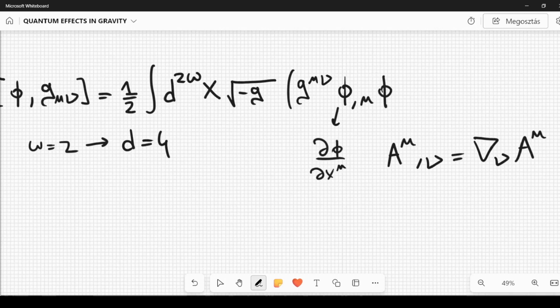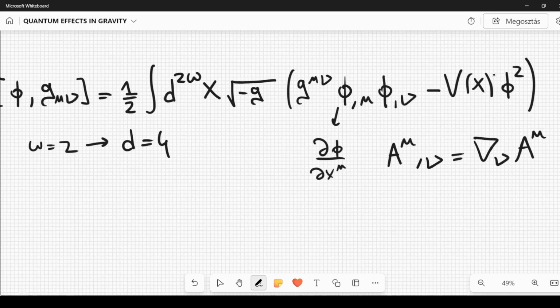Then here we have phi comma nu minus v of x phi squared. So in particular, v of x you can think of as a potential, and it plays the role of the effective mass of the field phi.